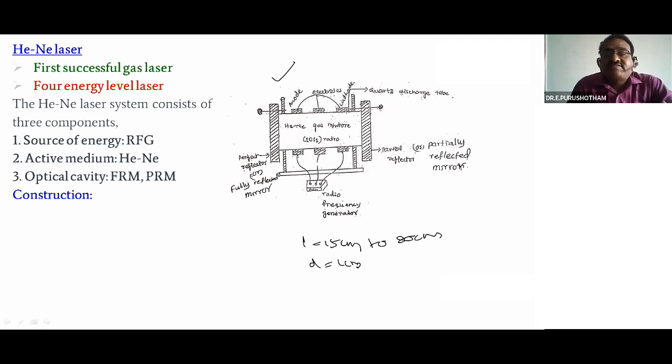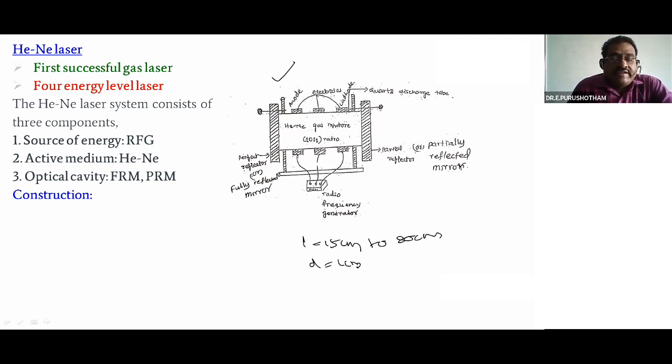The quartz tube has 3 electrodes, anode, cathode, and earth. These are connected to the radio frequency generator. The left side of the quartz tube is connected to the fully reflected mirror, and the right side to the partially reflected mirror. These behave as the optical cavity. The radio frequency generator behaves as the source of energy.